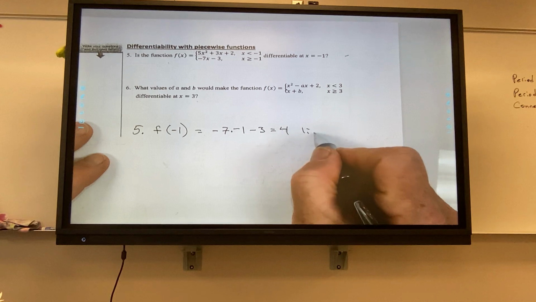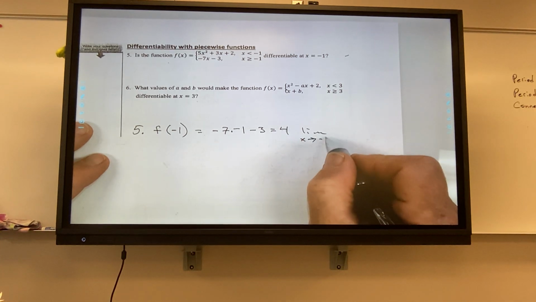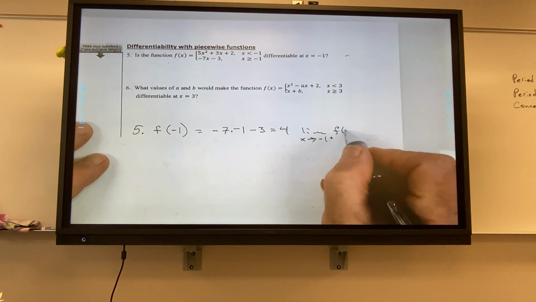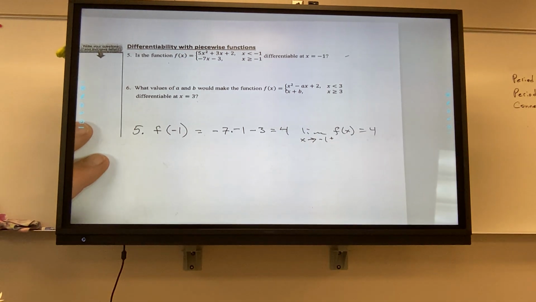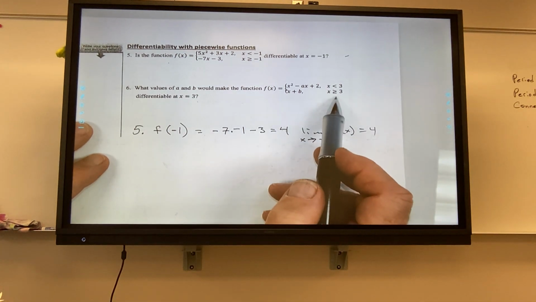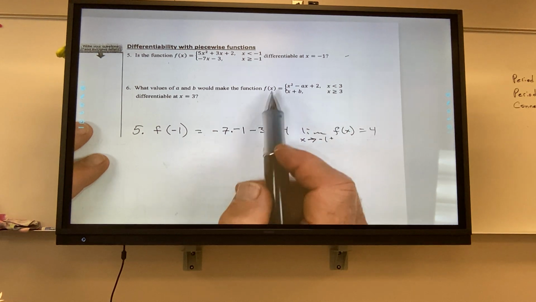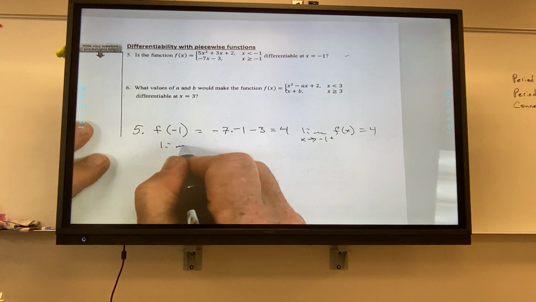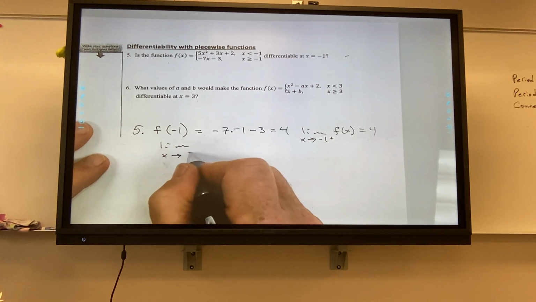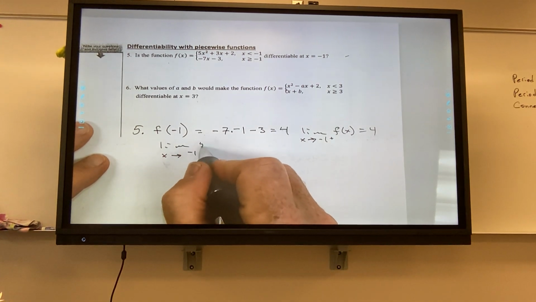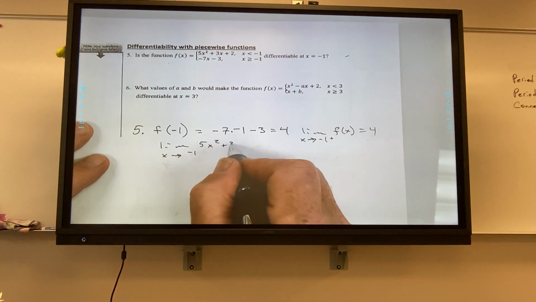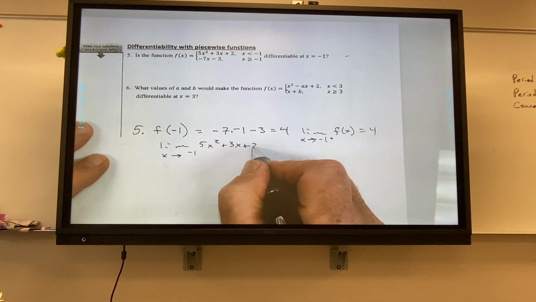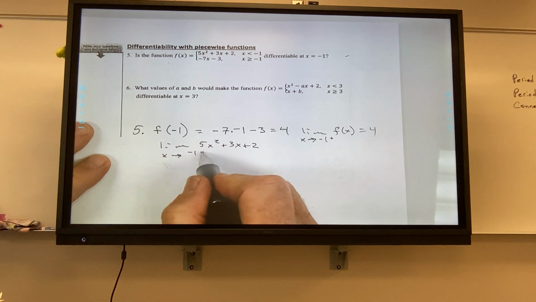That is also the limit as you approach negative 1 from the right of f of x. That's also 4, because it's to the right. Correct? So I'm now going to take the limit as x approaches negative 1 of 5x squared plus 3x plus 2, approaching from the left.